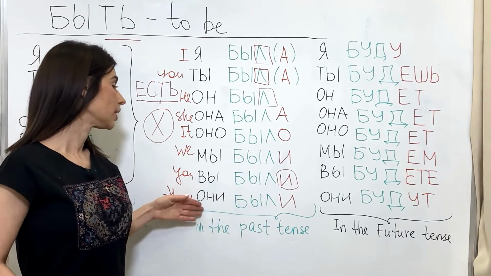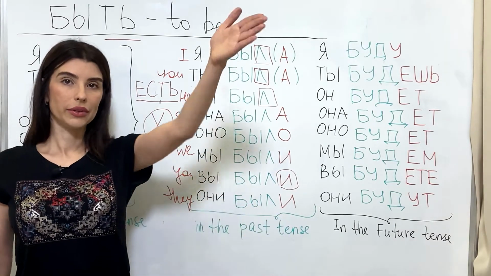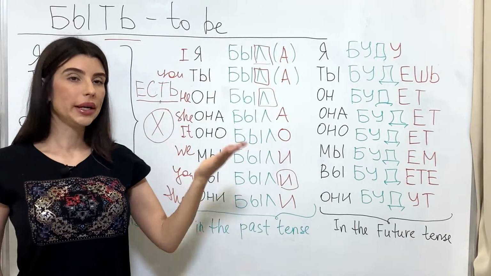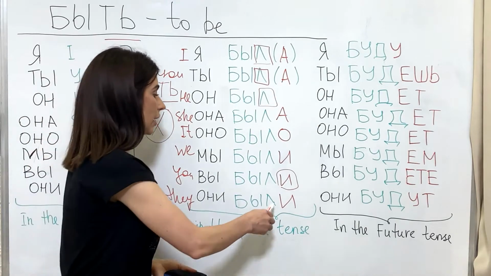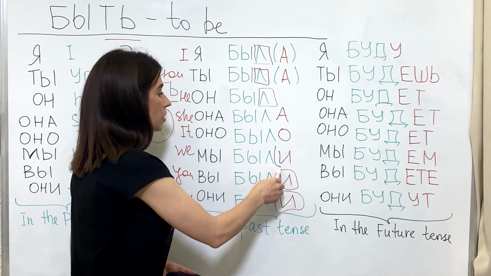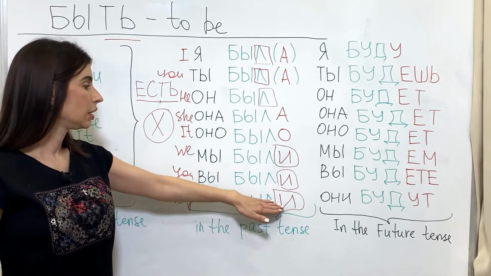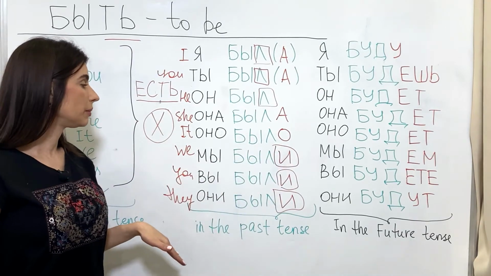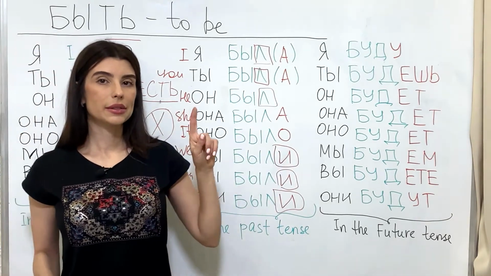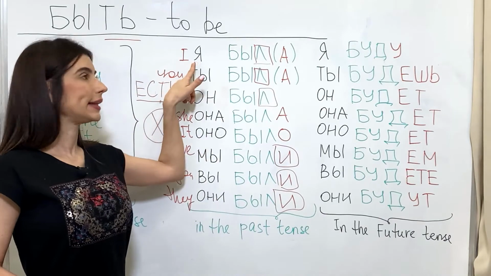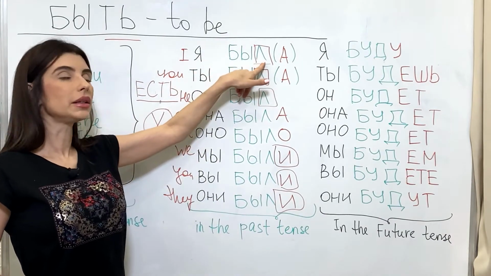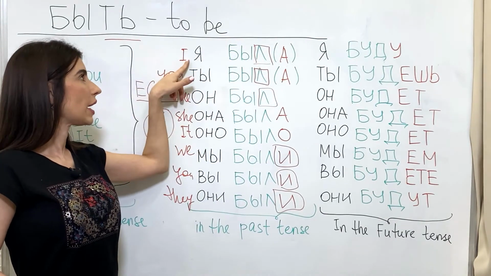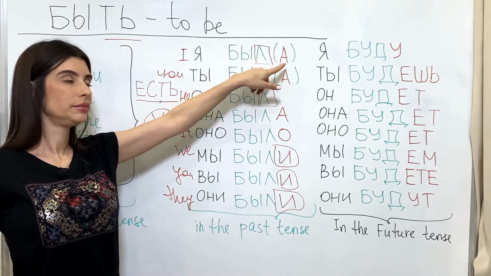They, они были. Also и at the end. So easy. Here, и. You see? So let's repeat. Я был, or я была.